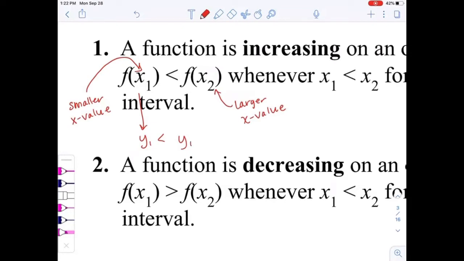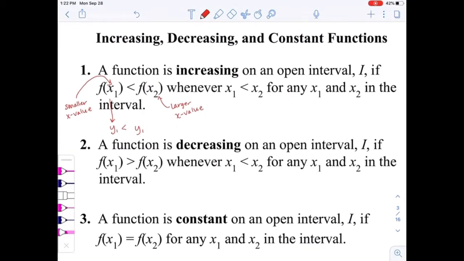So what they're saying is that if the answer to the function after you plug in the smaller value is less than the value of the function at the larger value, then it is going to be increasing. As you're going from left to right, you plug in a smaller x value, you plug in a larger x value, and as you continue to go, you end up increasing.